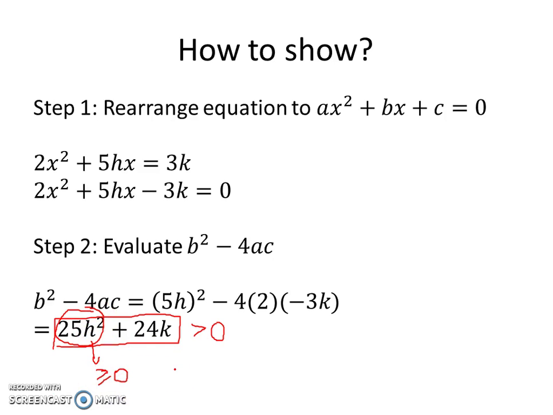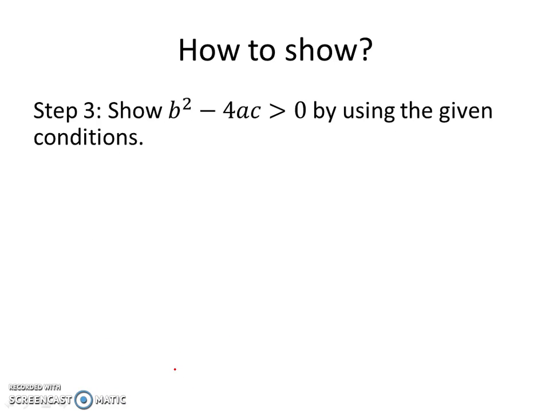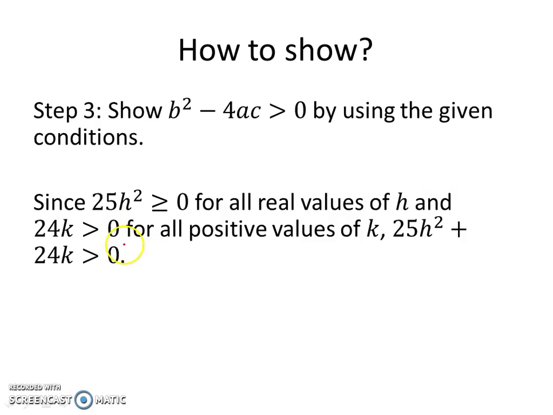Because all squared numbers are always positive. And 24k, which is the second term, is more than 0 for all positive values of k, which is what the question gave me. The question told me that k is positive, so 24k is always positive. So 25h squared plus 24k will be more than 0.